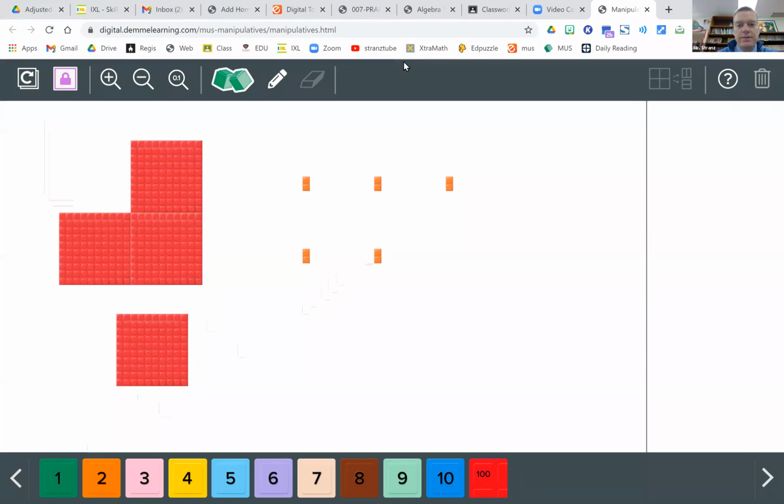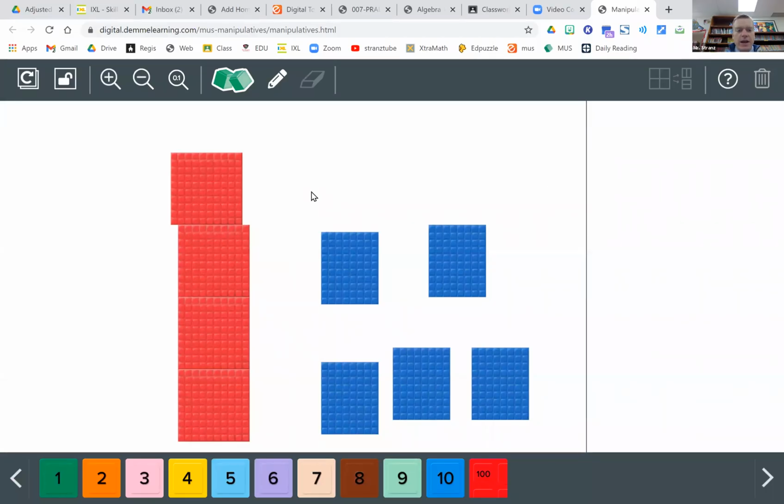Okay, now that we're back, you can see that I took my 4 reds, I transformed them into blue, and then I separated them into 5 groups. All right, so these are all gone now because these are all transformed into blue.